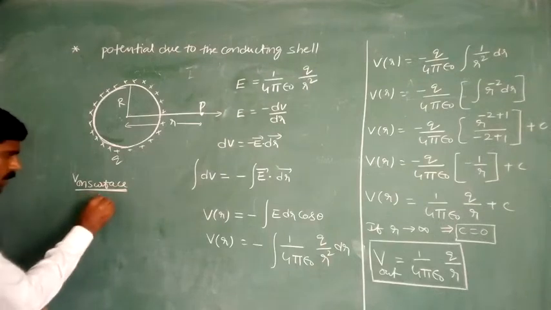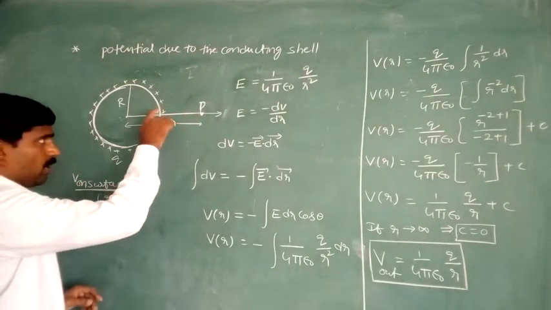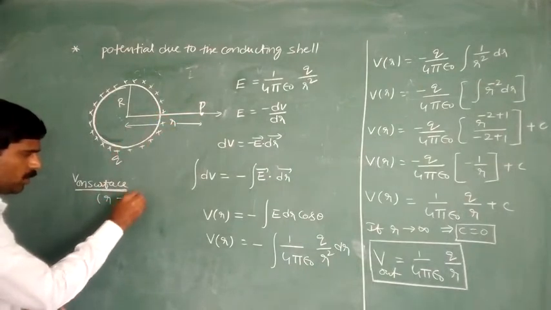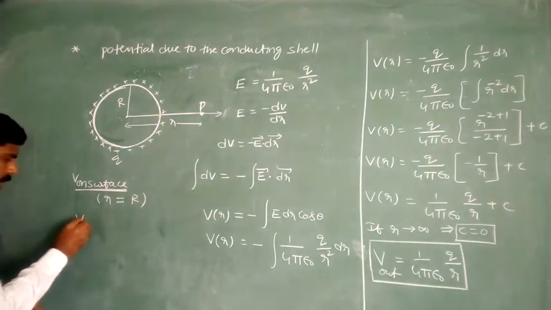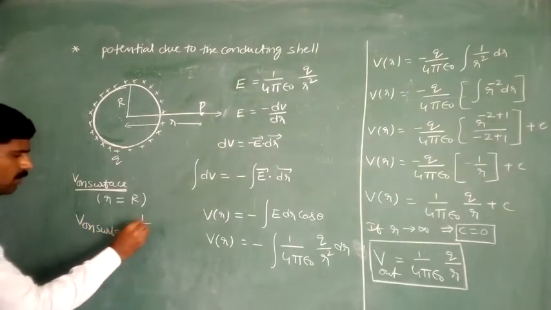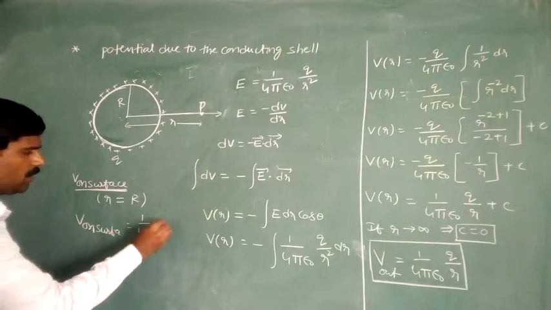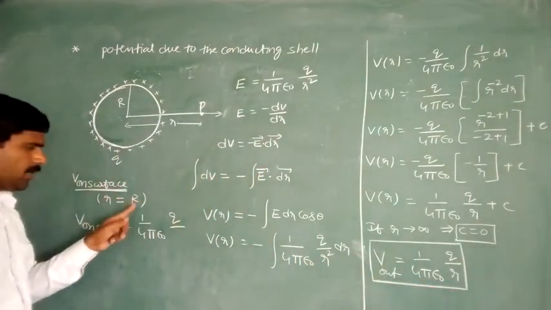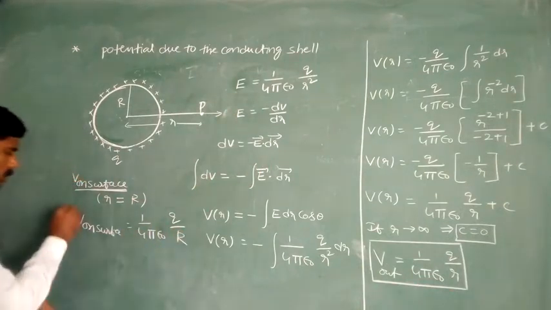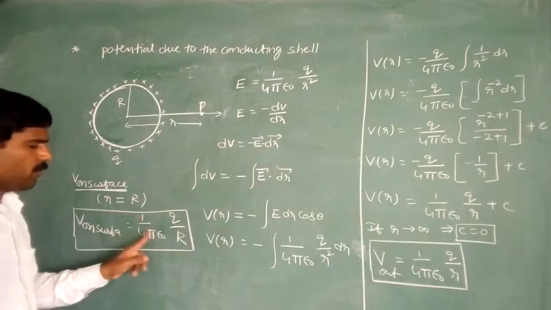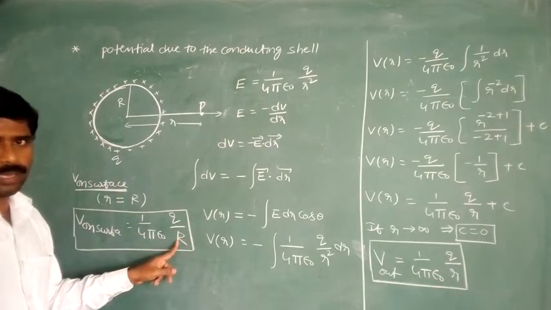When that point P is on the surface of the shell, small r is equal to capital R. Therefore potential on surface is equal to 1 by 4 pi epsilon naught into q by small r, but here small r is equal to capital R. So V on surface is equal to 1 by 4 pi epsilon naught into q by R.